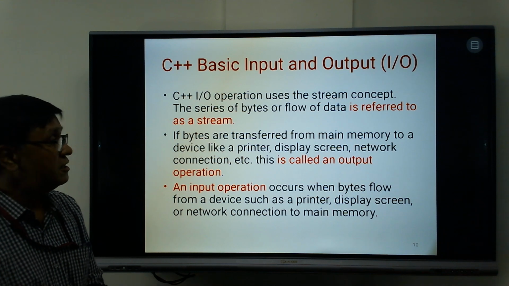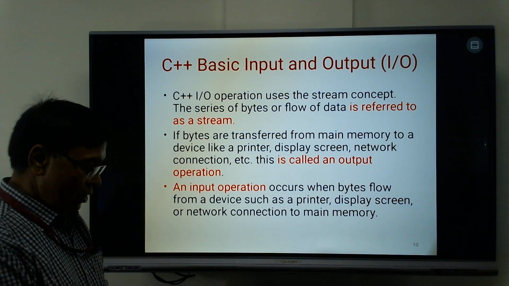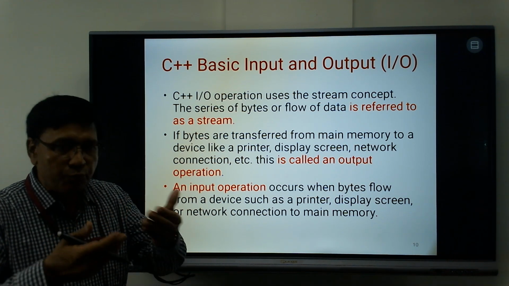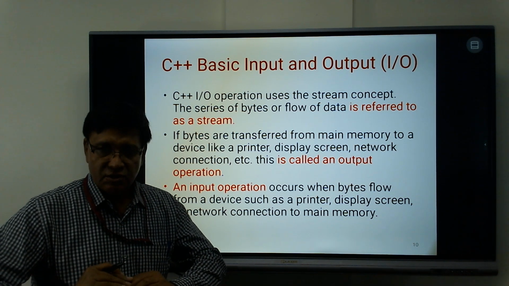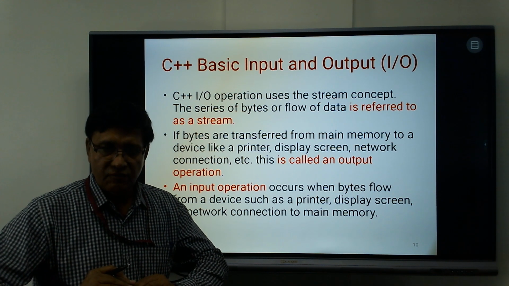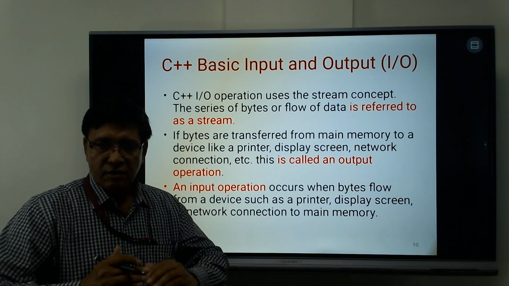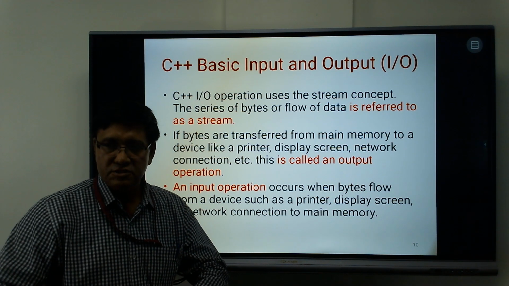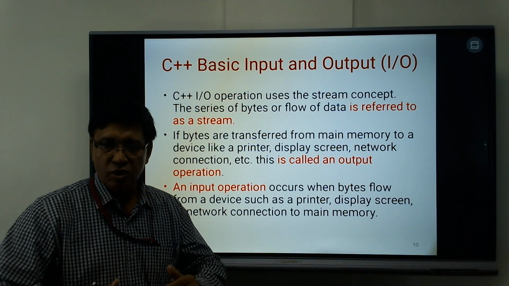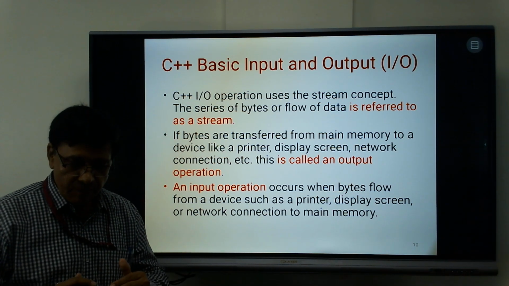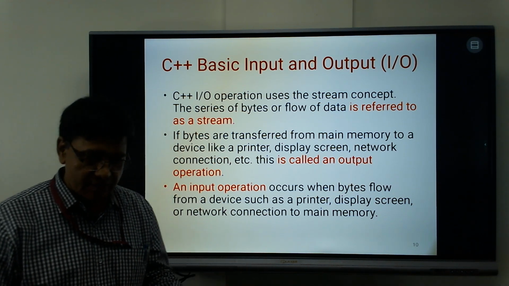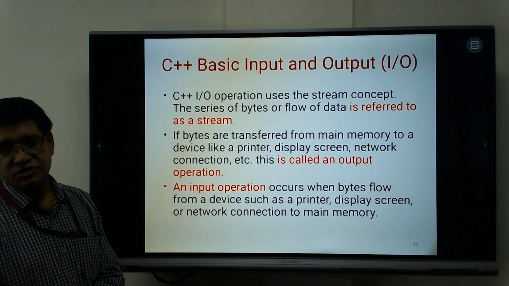When data is going from memory to the output devices, like any message or variable value coming to the monitor, then this is referred to as the output stream, because the stream of bytes is flowing from computer memory to the output devices.